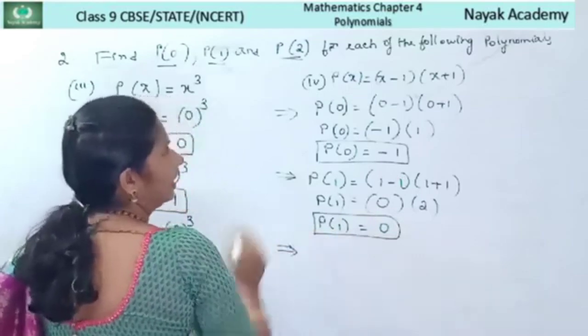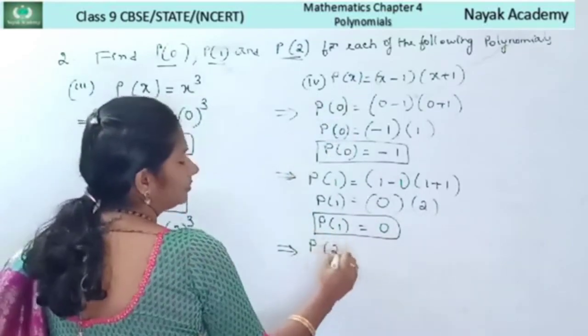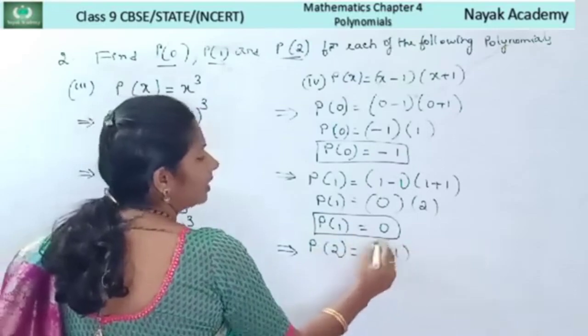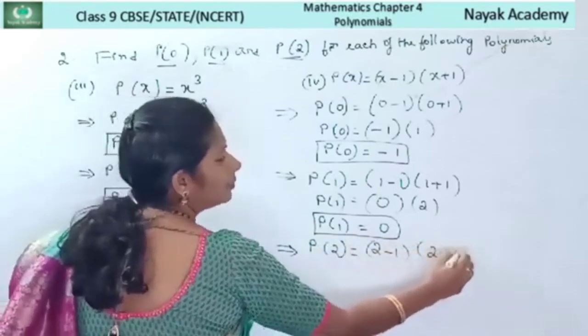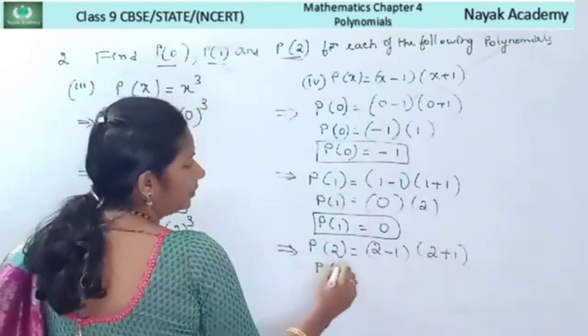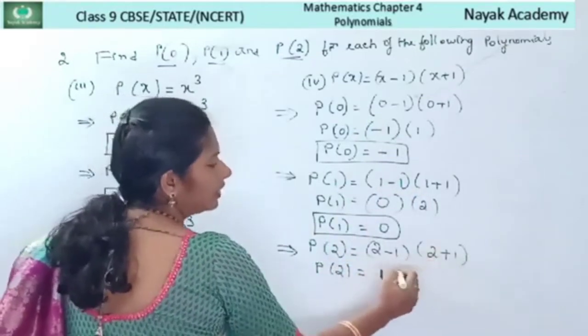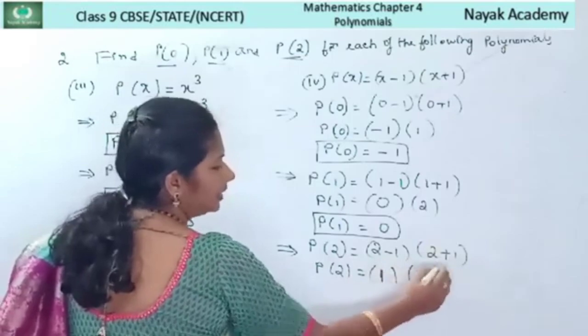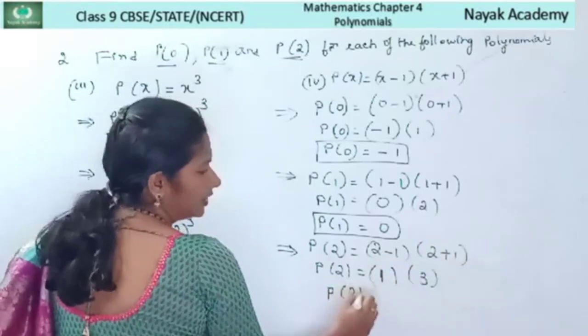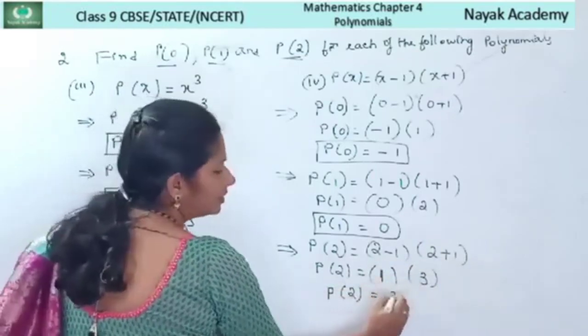Now let us find the value of p of 2. 2 minus 1 into 2 plus 1. So p of 2 equals 2 minus 1, it is 1. 2 plus 1, it is 3. So p of 2 value is 1 into 3, it is 3.